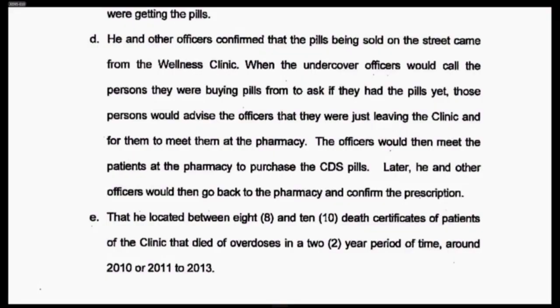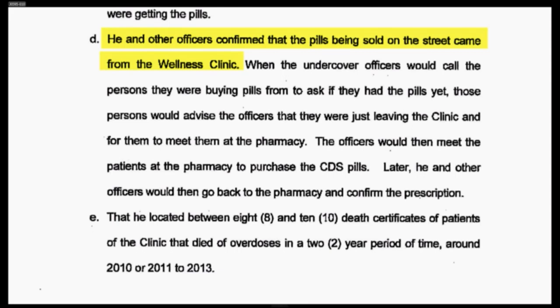if you look at subparagraph D, and this is a reference to Dr. Myers' wellness clinic. He indicates that he and other officers confirmed that pills were being sold on the street coming from the wellness clinic, and that he and other officers would then go back to the pharmacy to confirm the prescriptions after they picked up those pills.